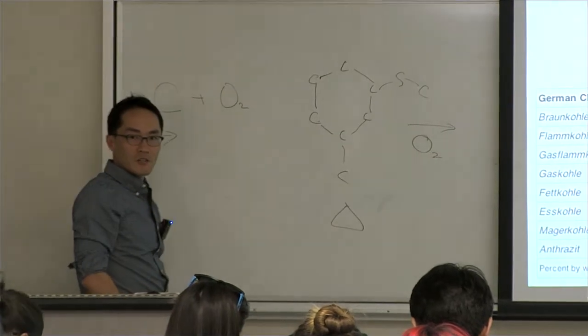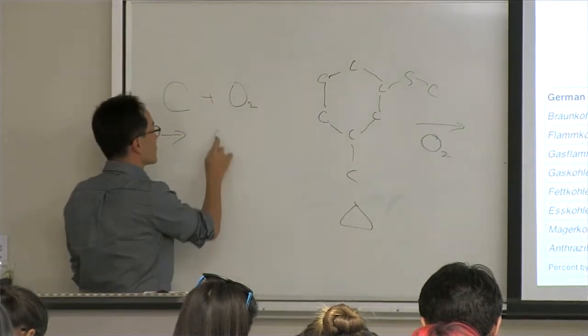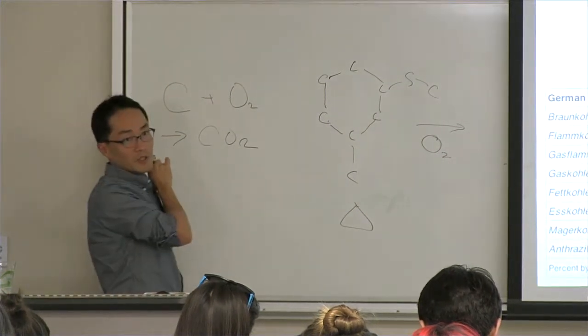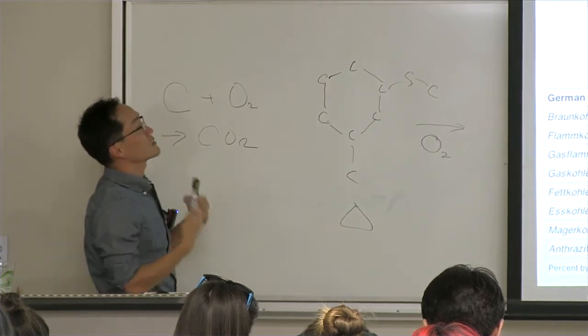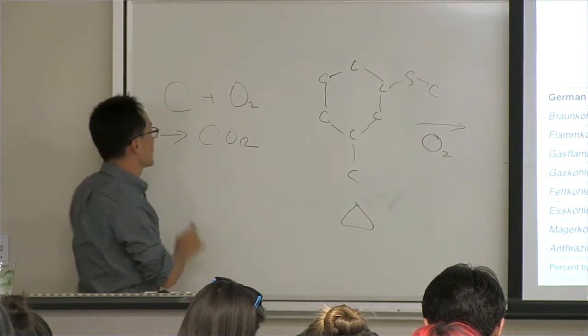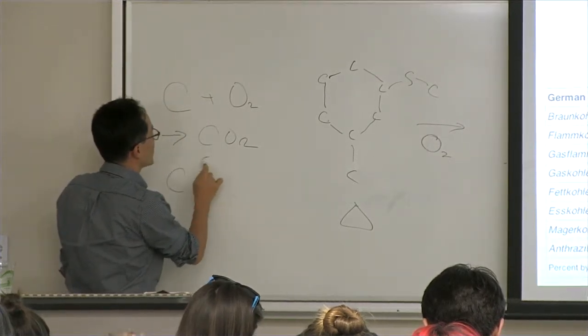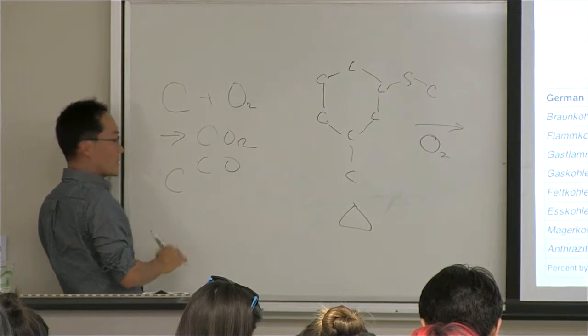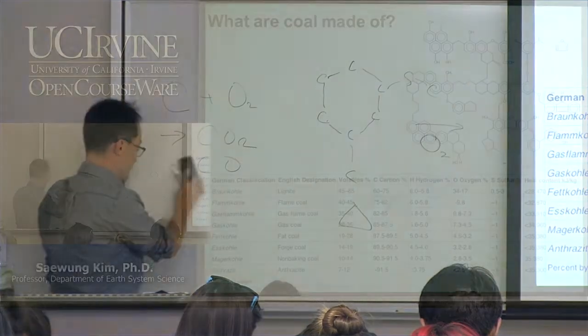What are you going to get out of it? CO2. This is complete combustion, but if it is not complete combustion, we call it incomplete combustion. It ends up as CO. So CO2 and CO are coming out this direction.